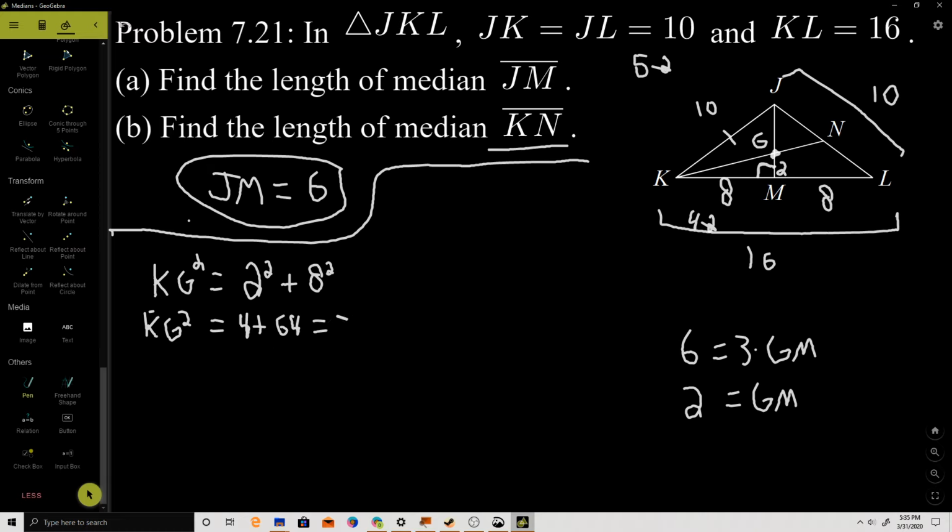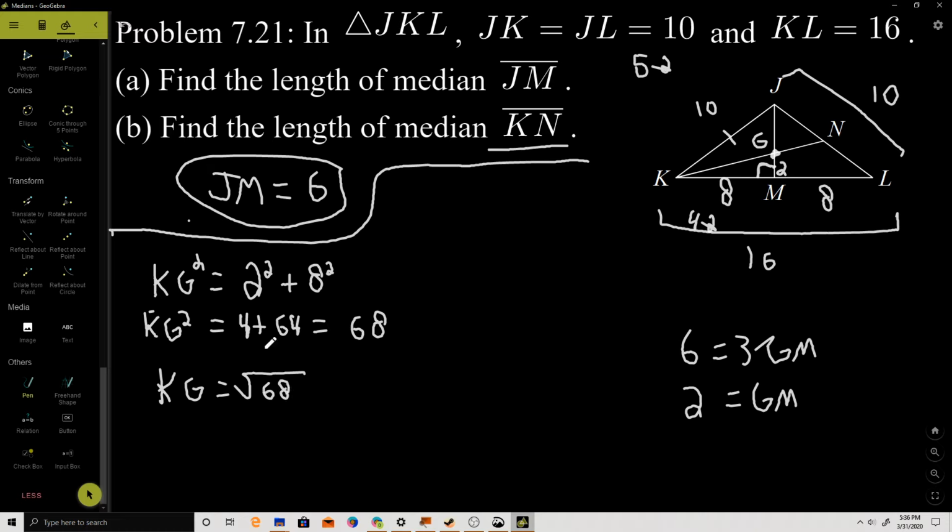That's equal to 70. No, what am I doing? Not 70. 68. So KG is equal to the square root of 68.